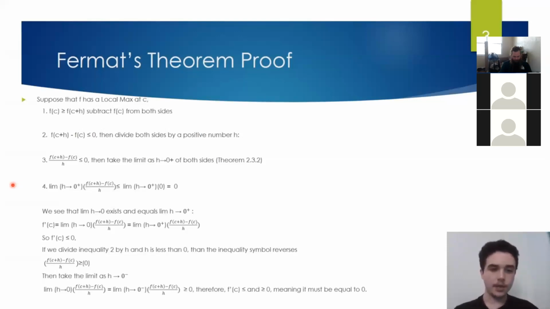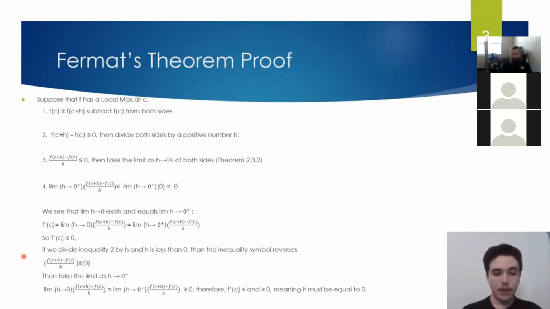So we see that the limit as h approaches 0 exists and equals the limit as h approaches 0 from the right. So we have here the derivative of f at c equals the limit as h approaches 0 of f of c plus h minus f of c over h, which equals the limit as h approaches 0 from the right of f of c plus h minus f of c over h. So the derivative of f at c is less than or equal to 0.